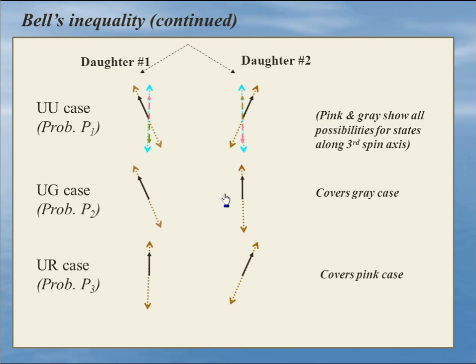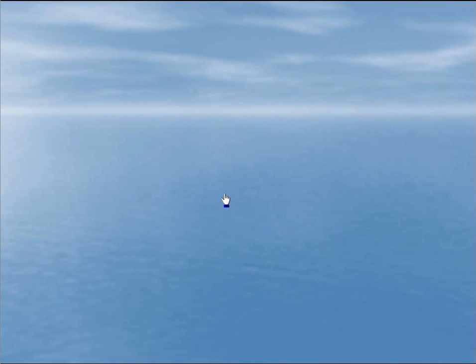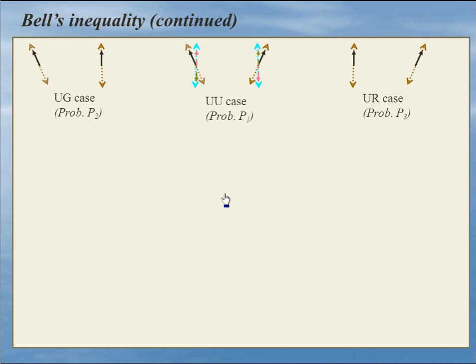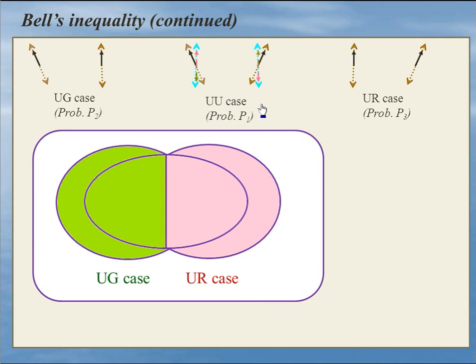Okay, so now we're getting close to the punchline. And let's think about this. We've talked about 3 possible setups for the detectors. And if the detectors are set up as the brown axes here, we talked about the UU case, where we have up in this direction, up in this direction.